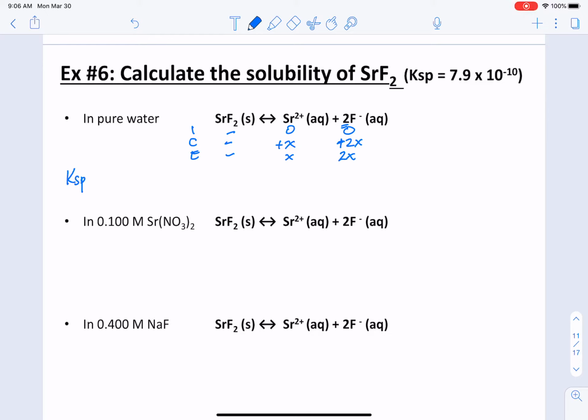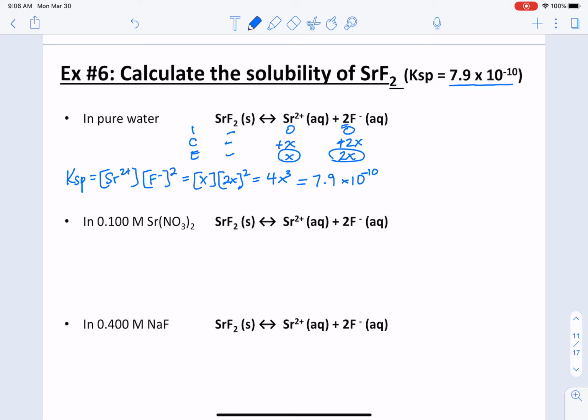Our Ksp expression would have strontium and fluoride, and that would be squared. If we substitute our values in, we have x for strontium and 2x for fluoride, squared again. So what is Ksp in terms of x? It is 4, because 2 squared is 4, and then all of our x terms are x cubed. That is equal to the Ksp value up at the top, 7.9 times 10 to the negative 10.